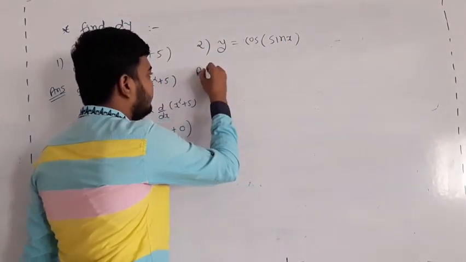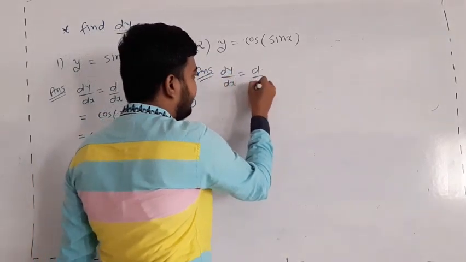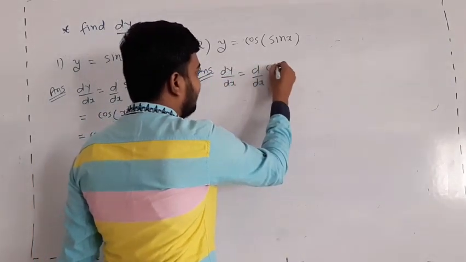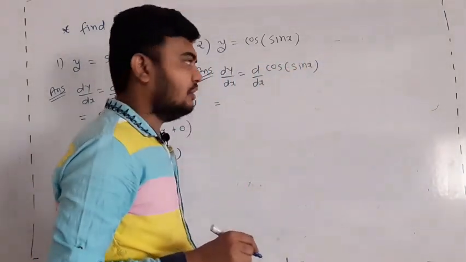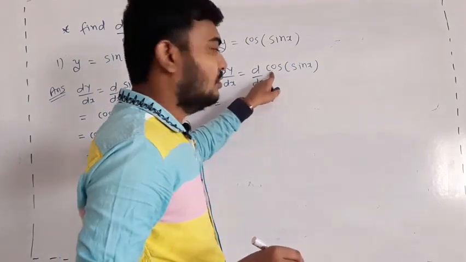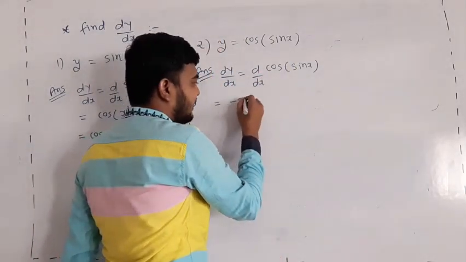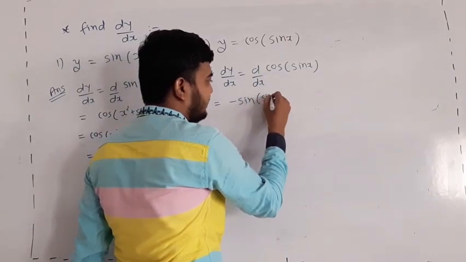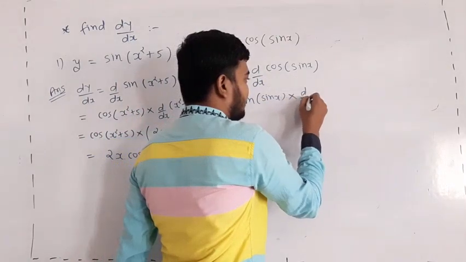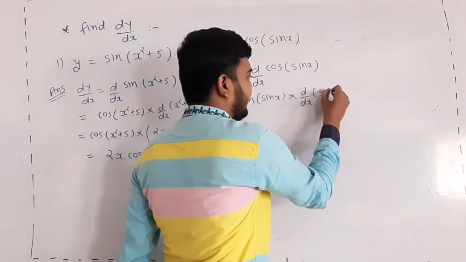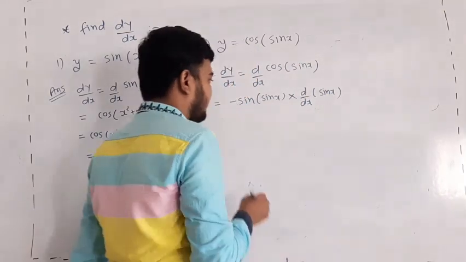So dy by dx is equal to what? d by dx of, put the value of y, cos of sin x. So here the outermost function is cos, then the derivative of cos is beta minus sin, angle same, sin x, cross d by dx of sin x, the derivative of the second outermost function.